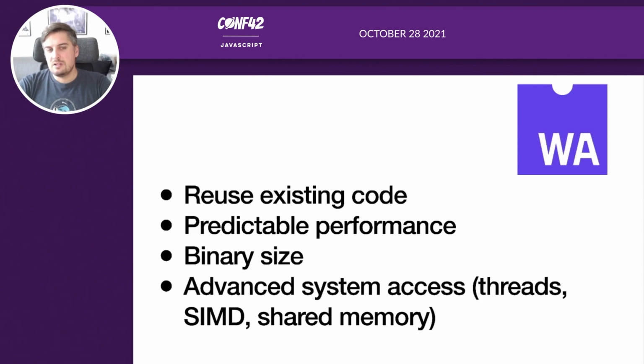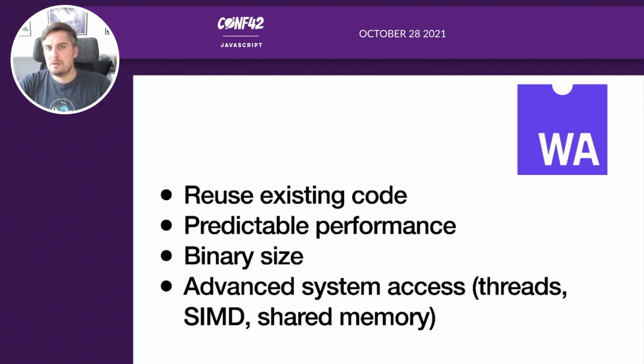Predictable performance is an interesting one. I would talk about that in combination with the binary size. When you have some JavaScript file and the V8 engine runs through with its magic on top of that, you get various performance optimizations, but those happen kind of on the fly.